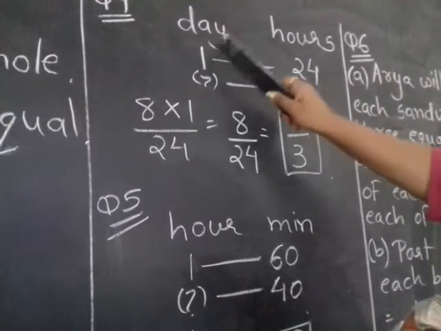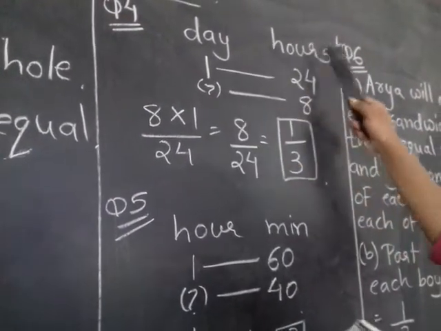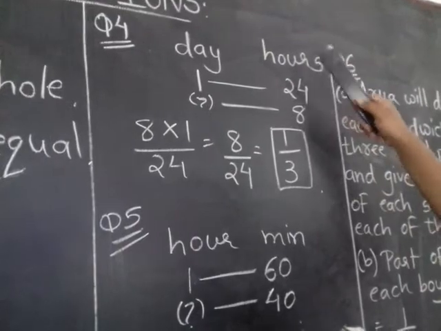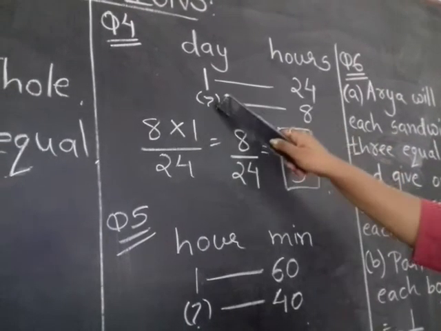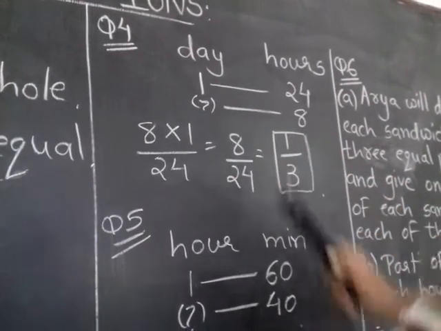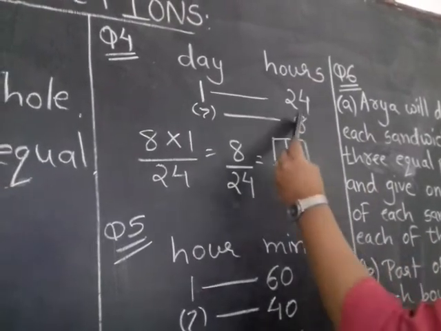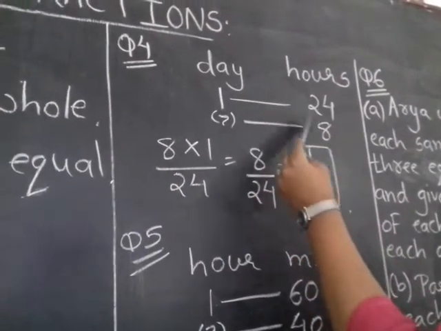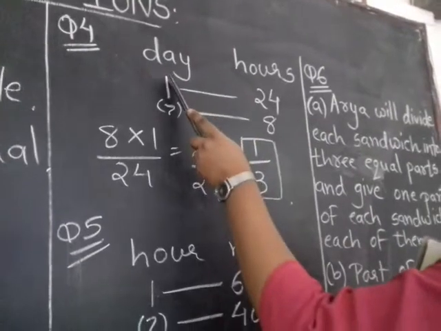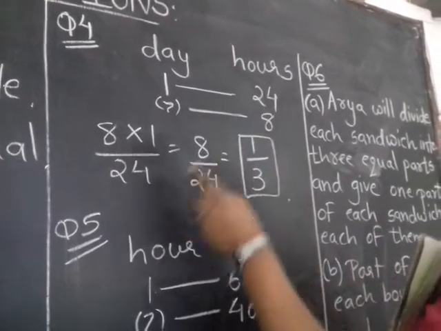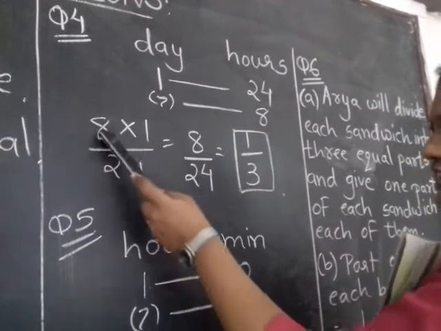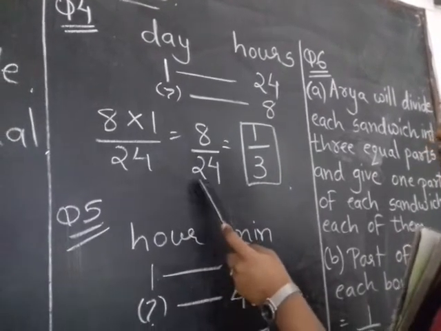Now you know in one day we have 24 hours. So if we have 8 hours, what will be the fraction of a day? Now you know when the numbers are in cross multiplication, they always go across. So 8 will be multiplied with 1 and 24 will go into the denominator. So 8 ones are 8, 8 upon 24.